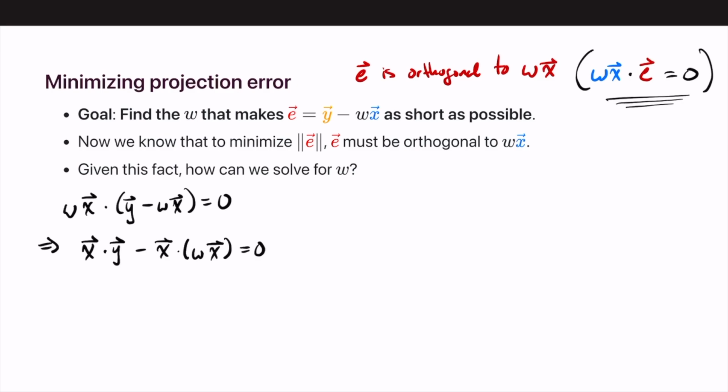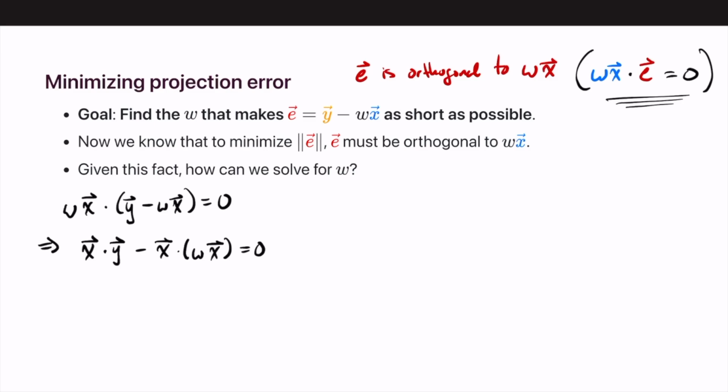And the next thing that we can do is looking at this thing right here. Wx is a vector that's being scaled, and since the dot product is distributive over scalar multiplication, we can pull this W out and rearrange it as W times x vector dot product with itself, and that represents just the scaling of that dot product, which would technically be the squared magnitude of x.